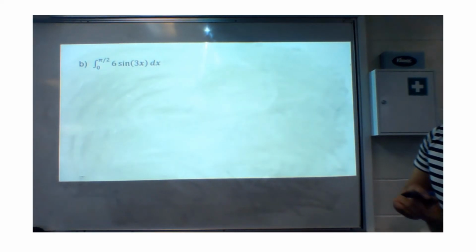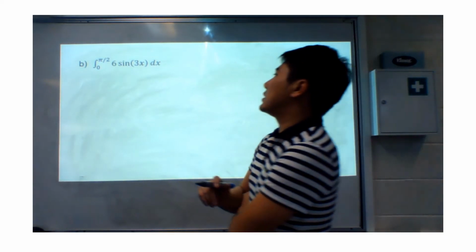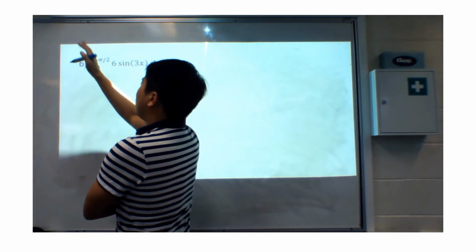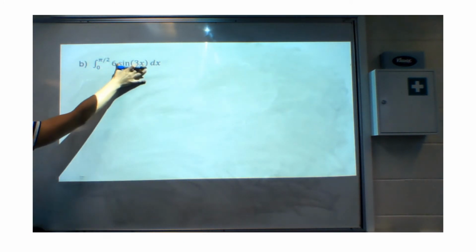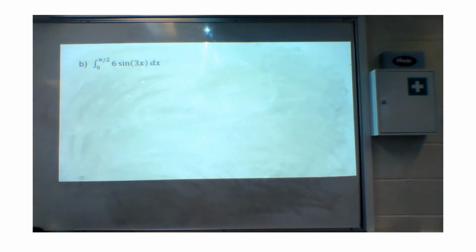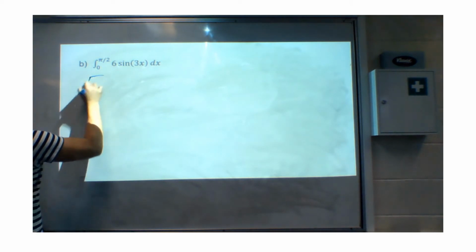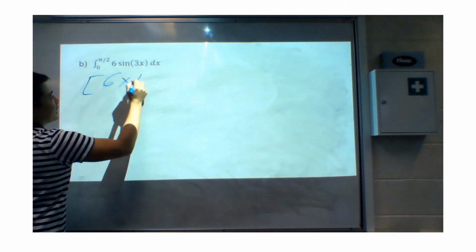Alright, so now we are going to integrate between 0 and pi over 2 of 6 times sine 3x. So obviously you need to integrate this. You should have done this to death by now. That's going to become 6 times 1/3.